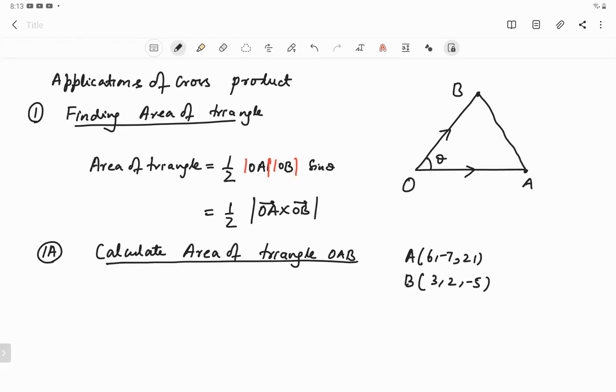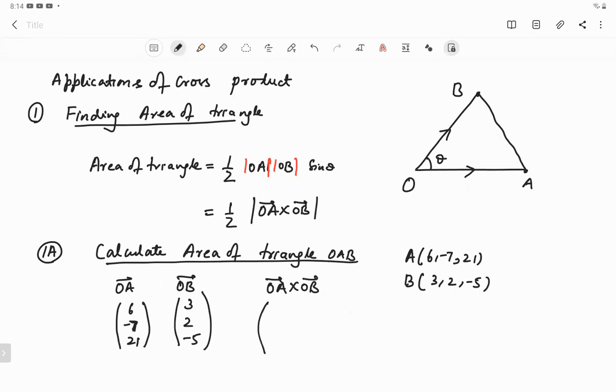Now what we can do is write OA in the form of a column vector (6, -7, 21), and then OB as (3, 2, -5). And then we can calculate OA cross OB. Without using a determinant, we can directly do it.